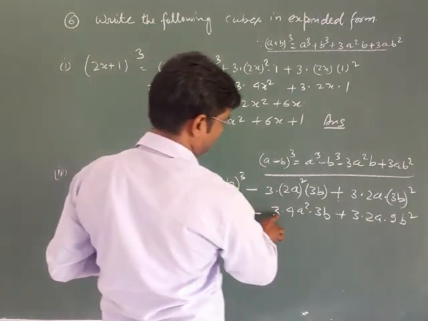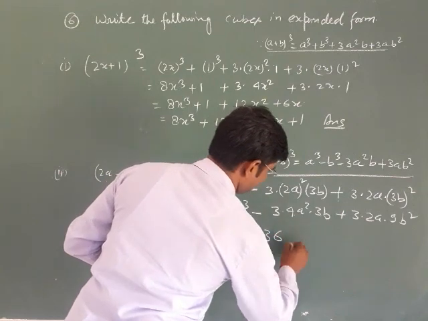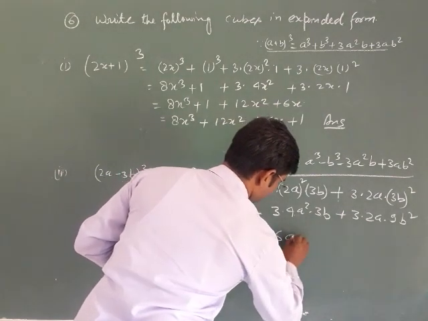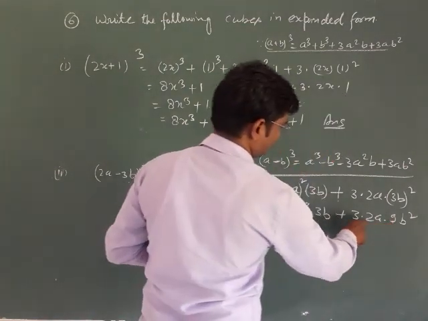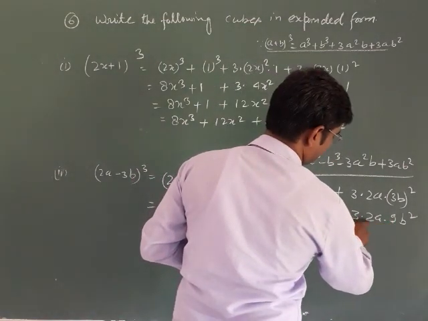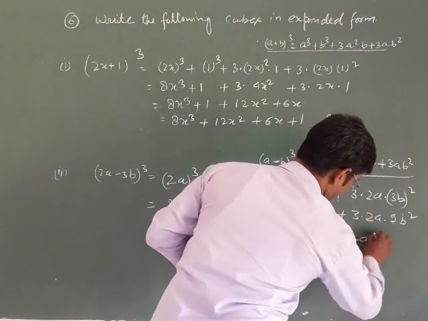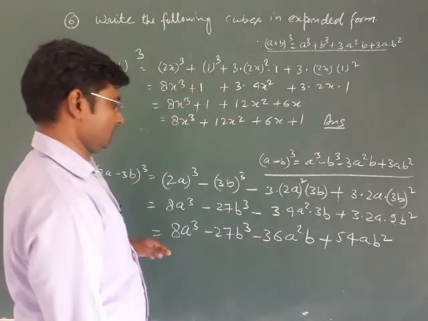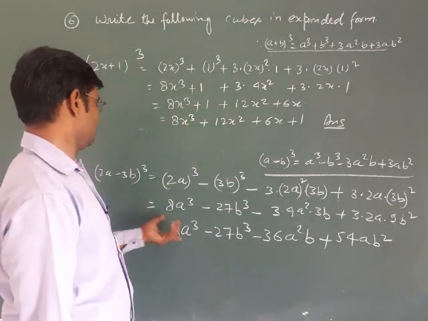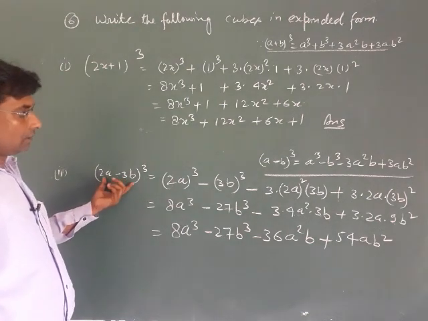So 3 3s are 9, 4 9s are 36, minus 36a square b plus, so this is 3 into 2 is 6, into 9 is 54 ab square. So this is the answer of the given polynomial.